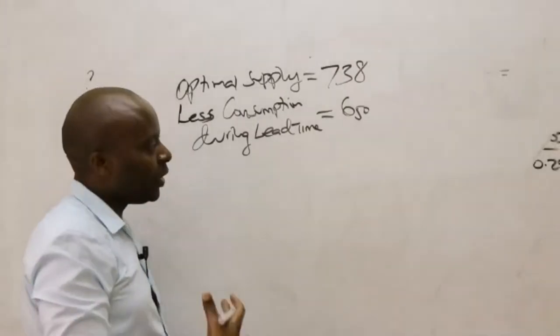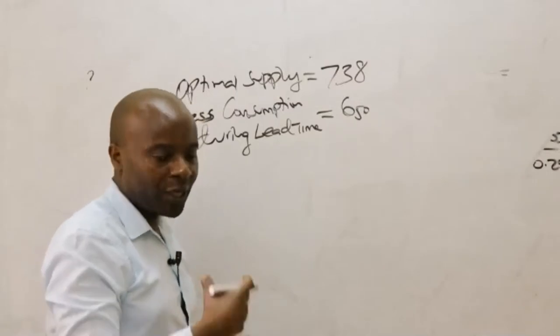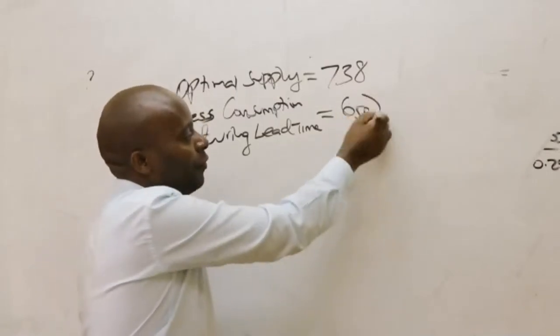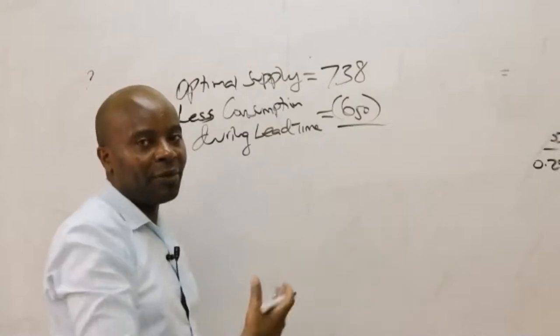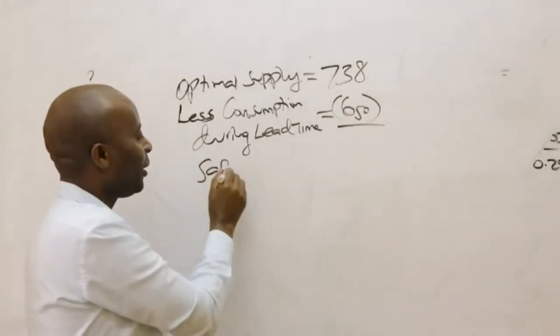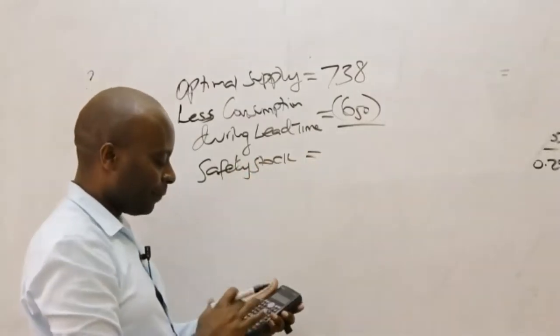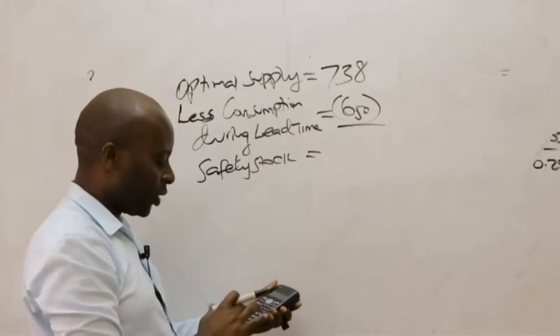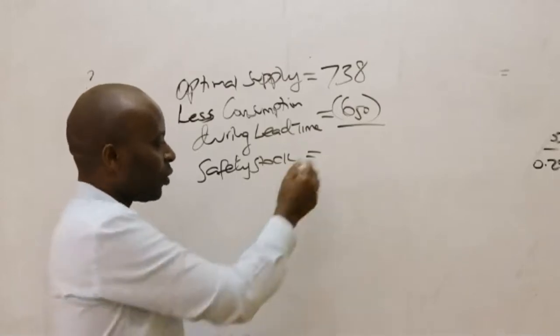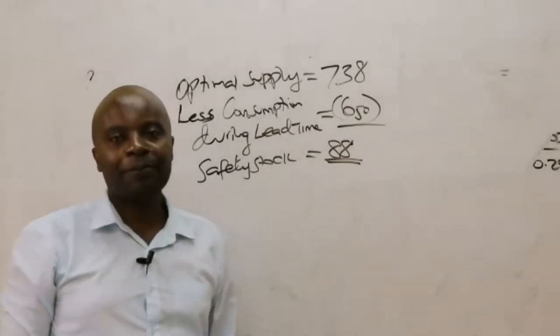Remember, in part A we said that our current drop was 650. So anything over and above this 650 becomes safety stock. Therefore, the safety stock will be equal to 738 minus 650, which gives us 88.